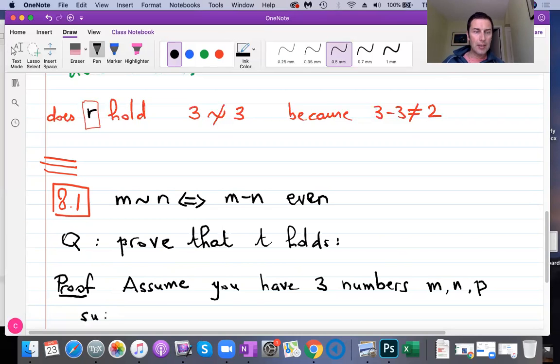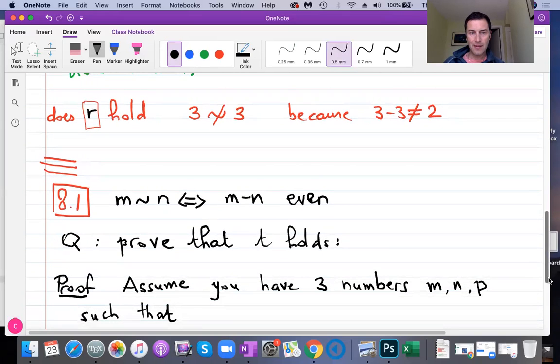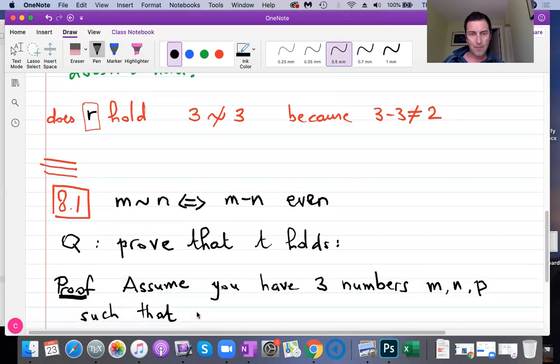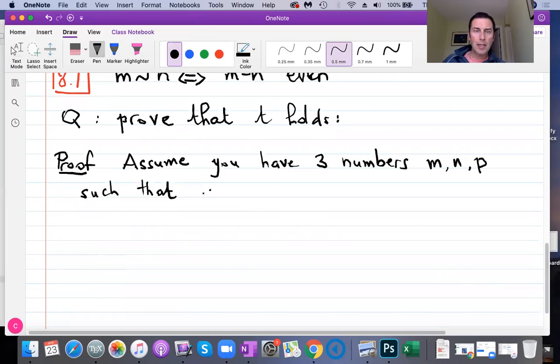Such that M is equivalent to N and N is equivalent to P.